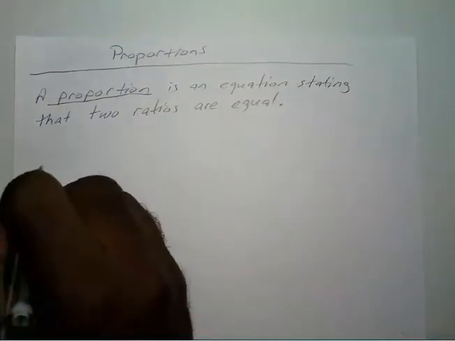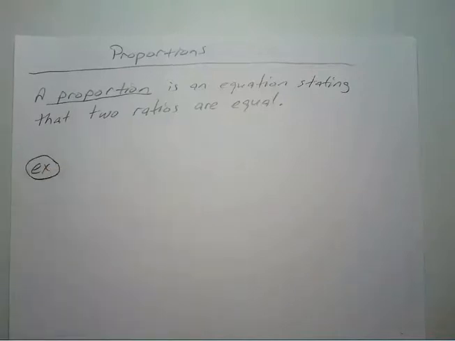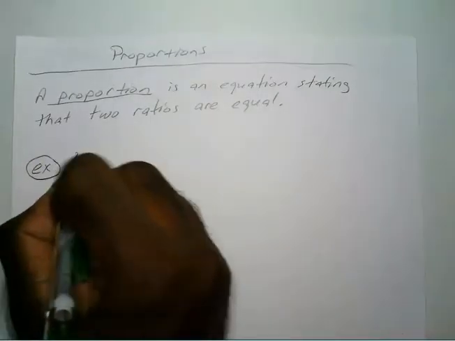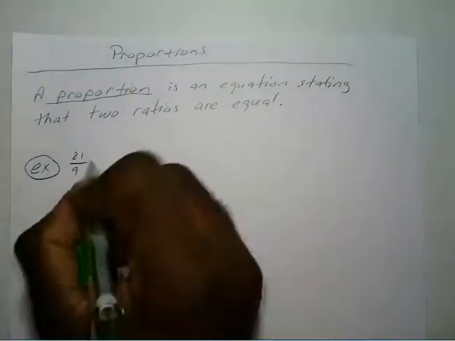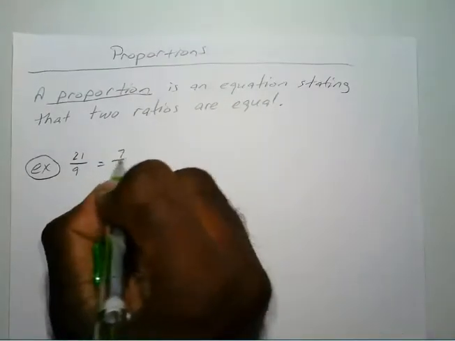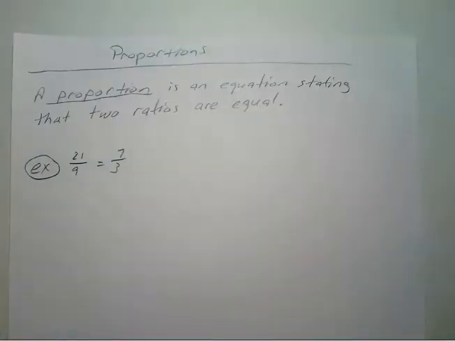So let's say, for example, you have 21 divided by 9, or 21 over 9 is equal to 7/3. Okay. Now, as a fraction, this would be correct, because if you make 21 7 times 3 and 9 3 times 3, the 3's would cancel out and you'd be left with 7/3.